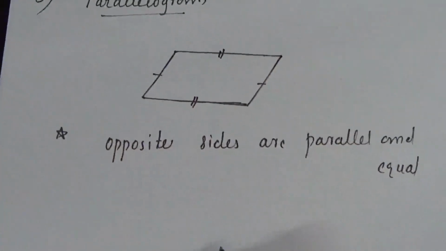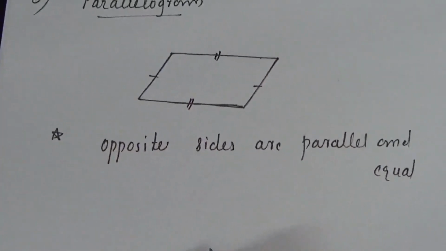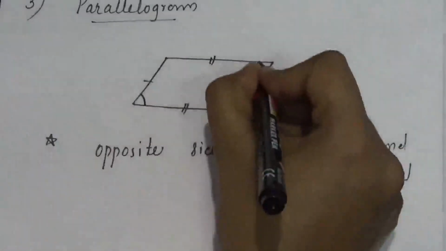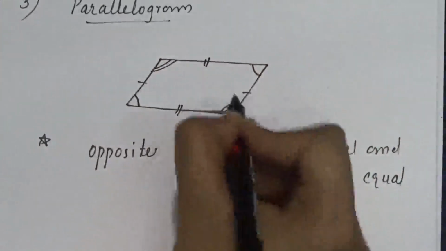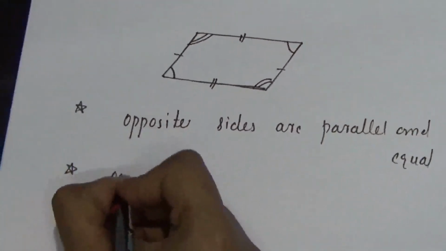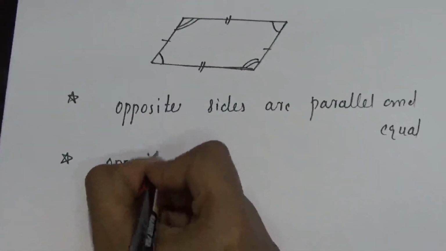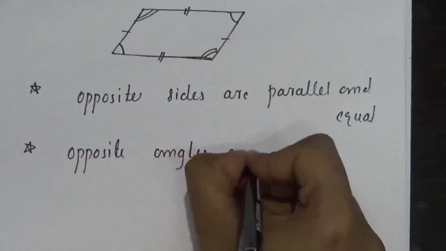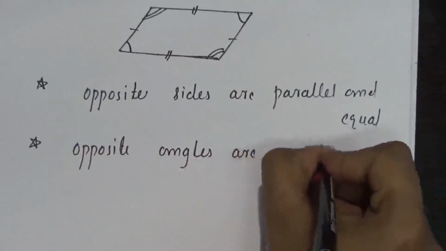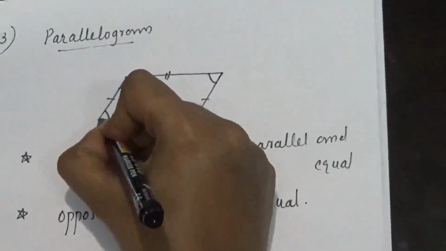Okay, and what about the angles? These two angles are opposite angles. Okay, so here opposite angles are equal. And what about the diagonals?